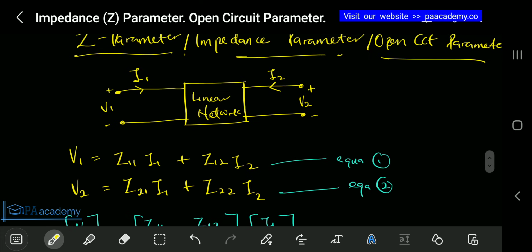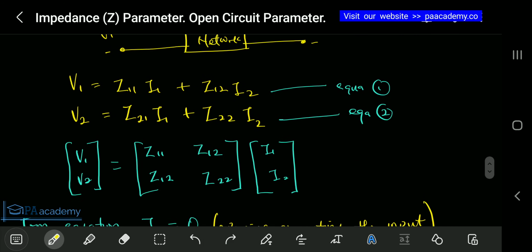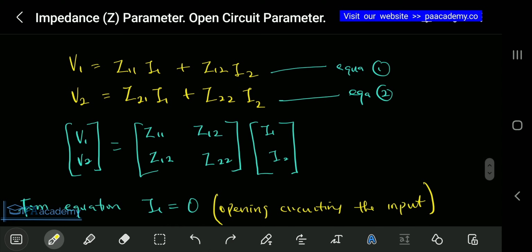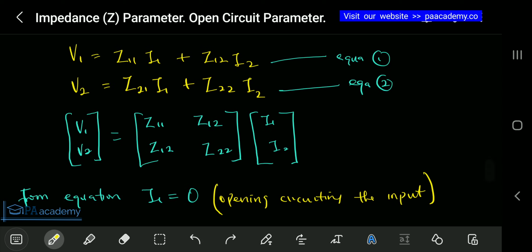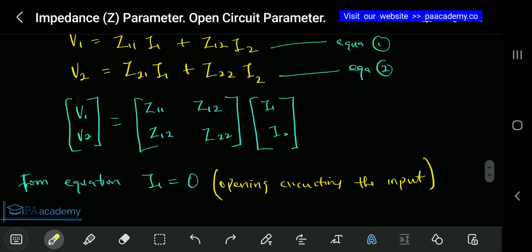If we take I1 to be 0, everything with I1 is going to be 0, and we'll be left with V1 equals Z12 I2.